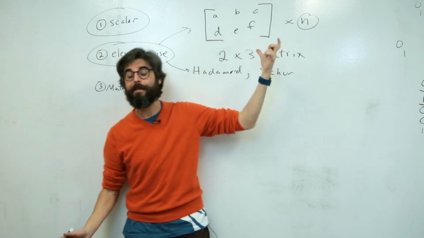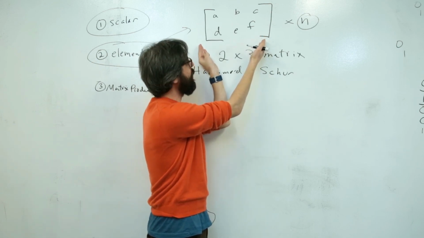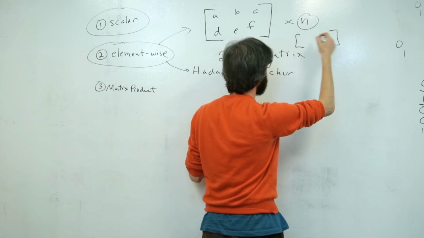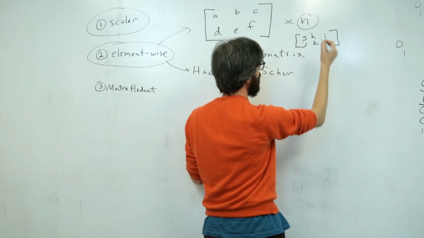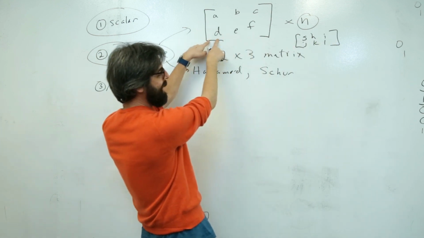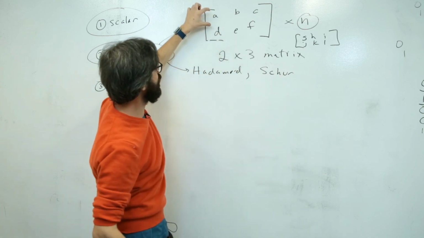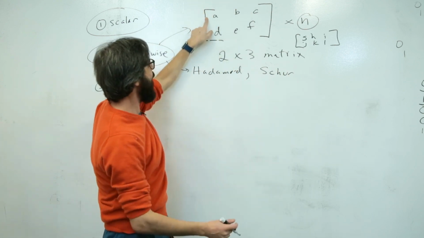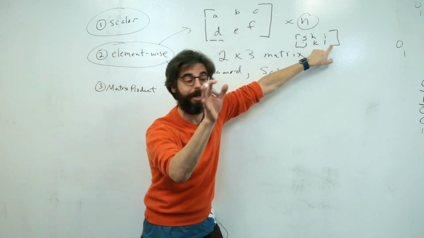Imagine I have another matrix that's exactly the same size as this one: G, H, I, J, K, L. If I multiply these together, I have a new matrix which has A times G, B times H, C times I, D times J. Each element of the matrix gets multiplied by its corresponding element.